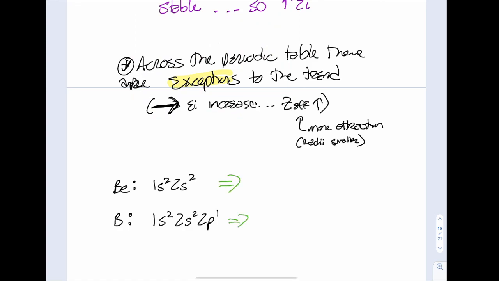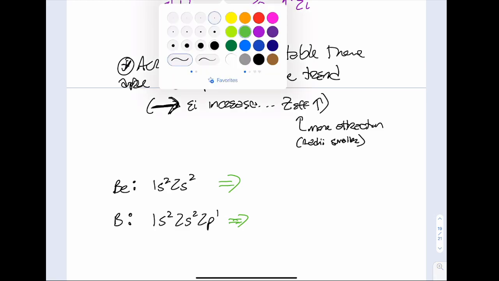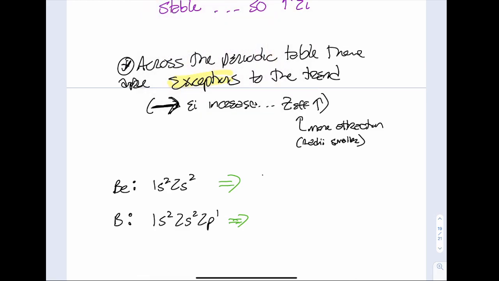So those are just supposed to be arrows, not reaction arrows, which is why I made them look so funny. I'm going to 1s2, 2s1, right? I've lost an electron, so this is beryllium with a positive charge. Boron, I'm going to 1s2, 2s2, so boron with a positive charge.